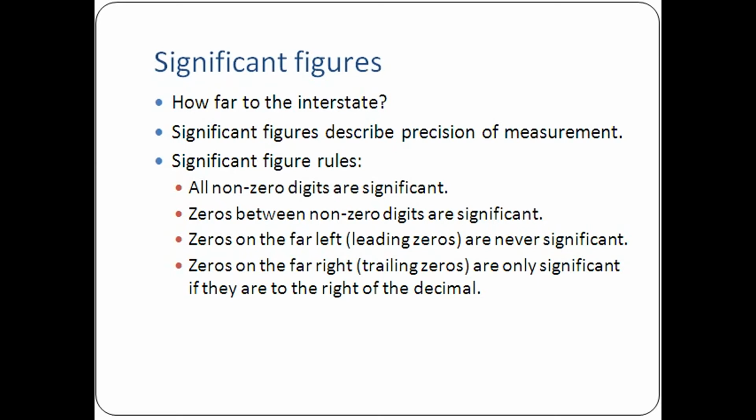If you don't, you can say, I measured this to be 30 centimeters. Well, 30 centimeters could mean that you measured all the way out to 30.000 centimeters, to the thousandths place, and it's exactly 30. Or it could mean you were just lazy and said it's close to 30 because it was like 27.4 or whatever.